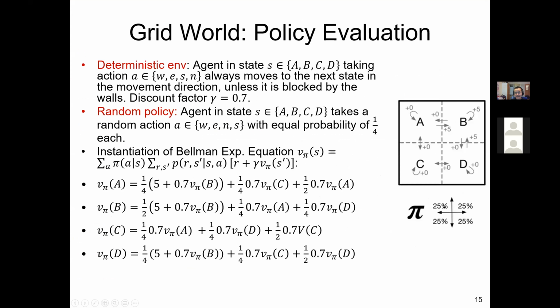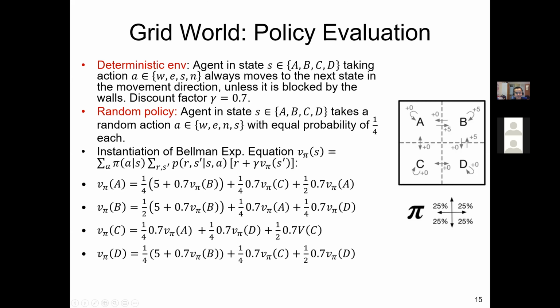That is, you have 25% probability of going to each of the 4 directions. So you instantiate the Bellman expectation equation to have this. That is expectation over action, then expectation over reward and next state.